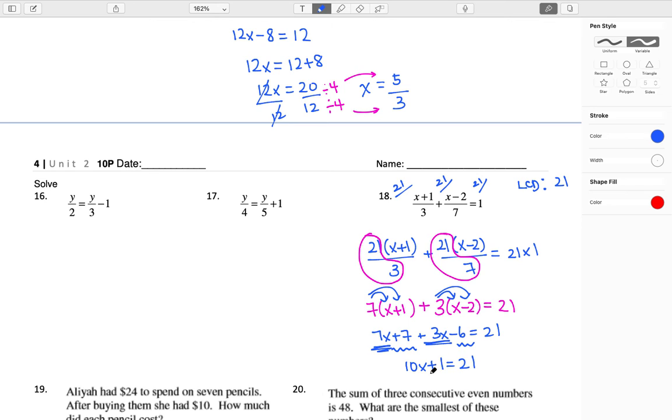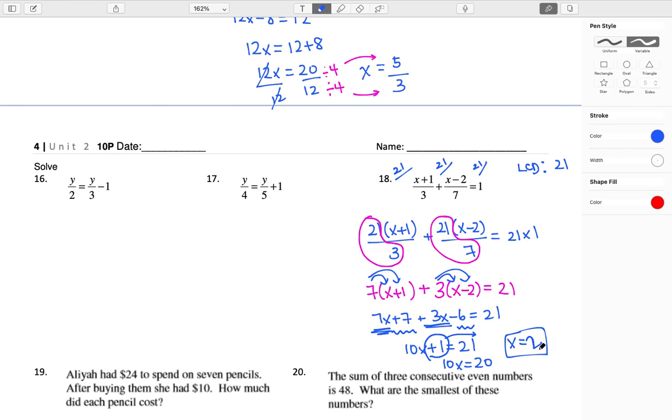And I'm going to move positive 1 to the other side. So 10x is equal to 20. And you're going to divide both sides by 10. So x is equal to 2. Just keep that in mind when you have a fraction for more than one term on each side.